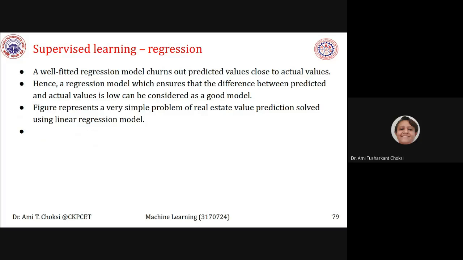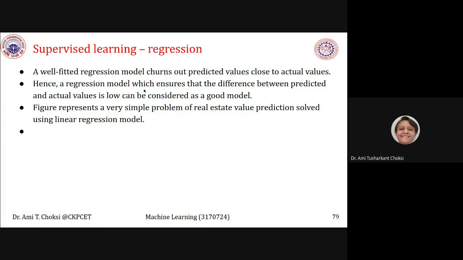Now, we would like to know about supervised learning. Classification is also supervised learning, isn't it? Okay. In that, we want to know about regression. What is that? A well-fitted regression model churns out predicted values close to the actual values.